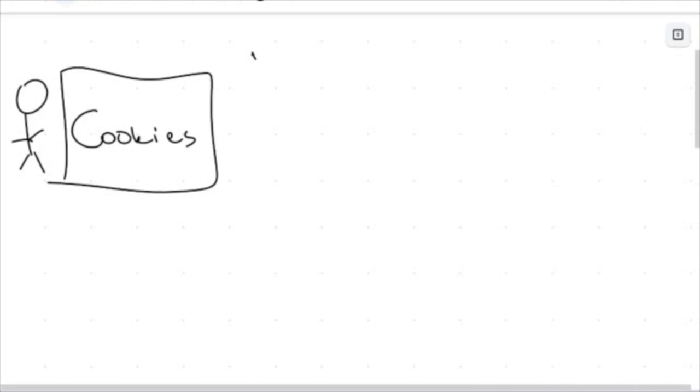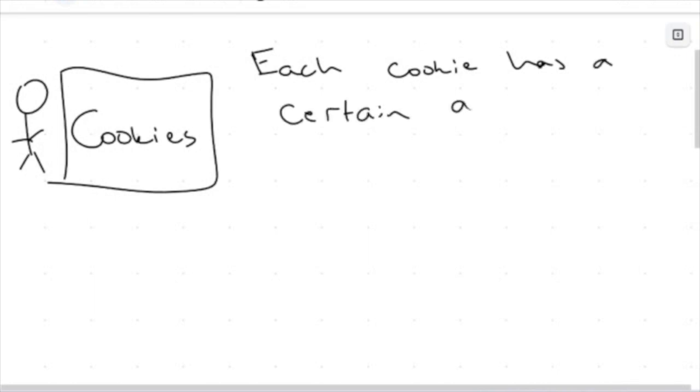Each cookie has a certain amount of calories. And the calories for each cookie is going to be the same if we're assuming that these are made identical shapes and sizes with the same ingredients, and so on and so forth. But each cookie has the same amount of calories.